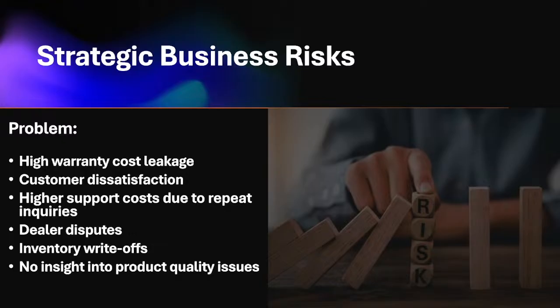So product improvement is also, you can say, feedback. If you get that periodical data, you will have feedback on how to improve your product, how to satisfy your customer, and how to reduce the warranty claims. So altogether, it is a business risk if things are not recorded properly.